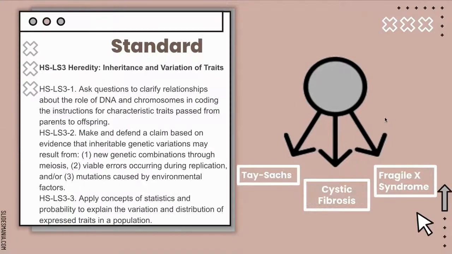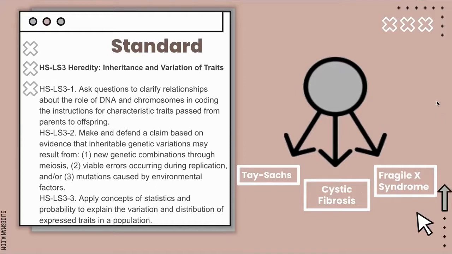When we look at that, we're going to be looking at this standard, which is inheritance and variation of traits. The standard itself is asking questions to clarify relationships about the role of DNA and chromosomes in coding for traits passed from parent to offspring.